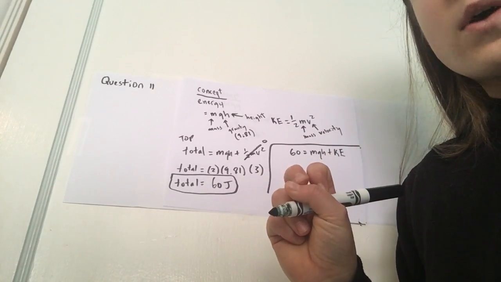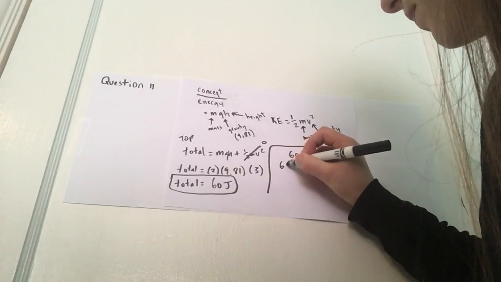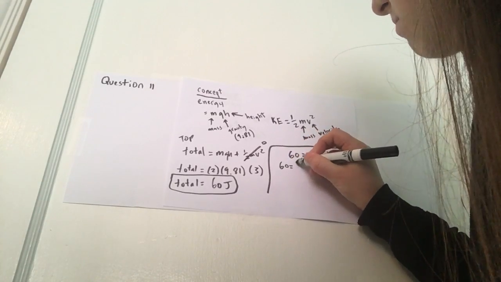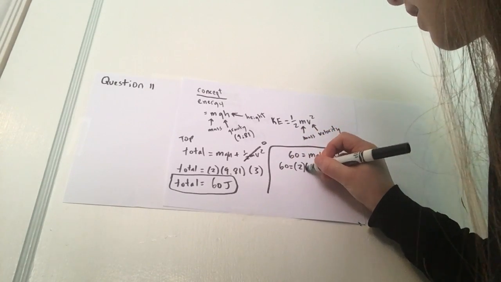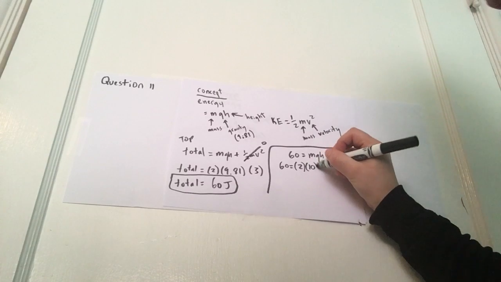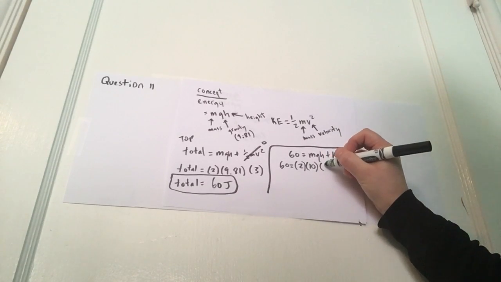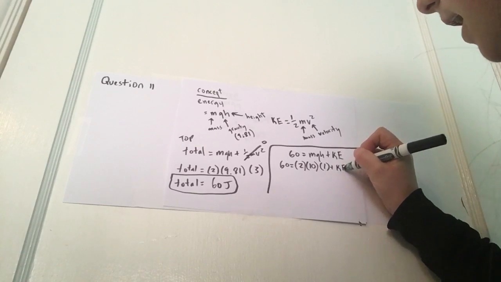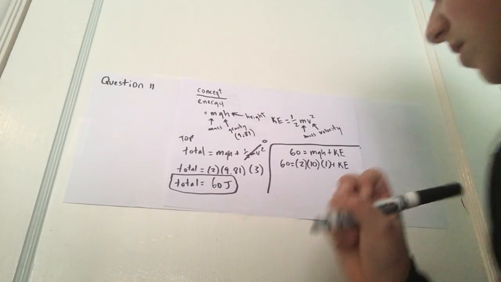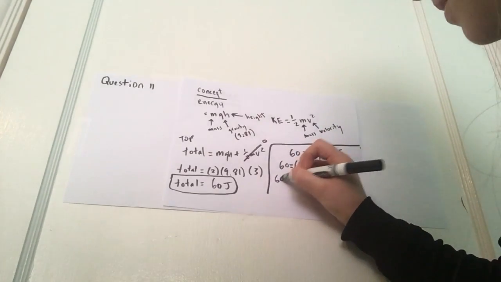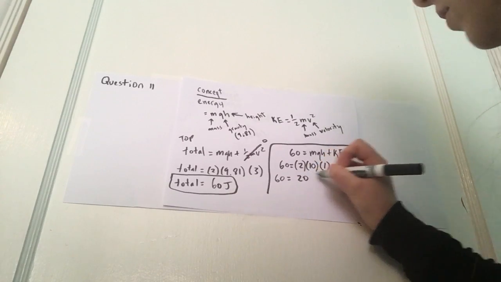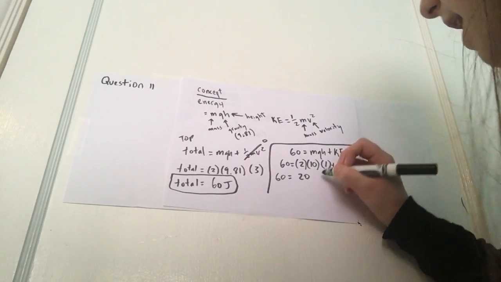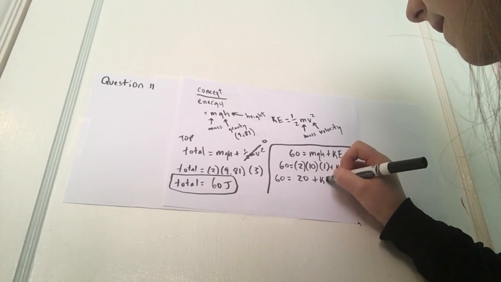Okay, so now I'm going to plug everything in. mgh, remember 2. I'm just going to round this up to 10, to make it easier. And then at 1 meter, plus the kinetic energy. So if we do that math, it's going to be 60 equals 20, since 2 times 10 times 1 is 20, plus KE.